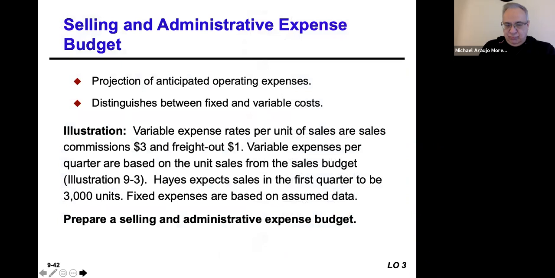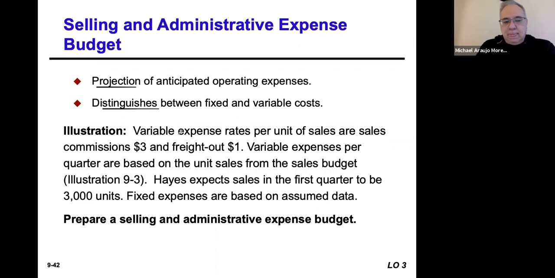So that's important. This particular slide goes over and introduces you to the fact that, again, your selling and administrative expenses also need to be budgeted. Okay. So we have a projection of what the anticipated expenses are going to be, and very much like the other budget that we just looked at, we do distinguish between fixed and variable costs.